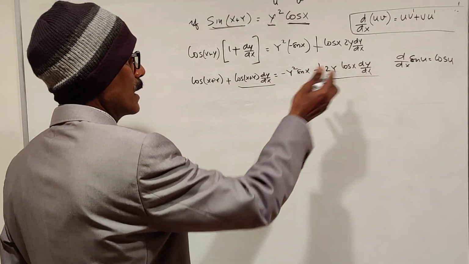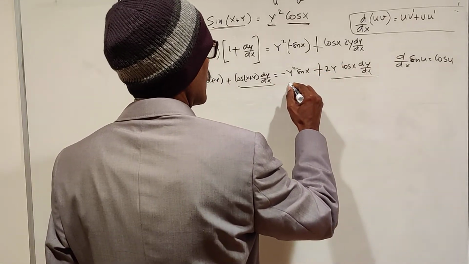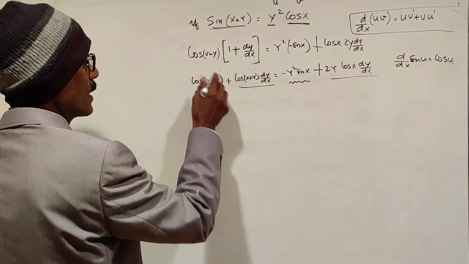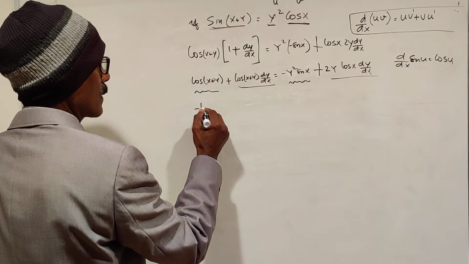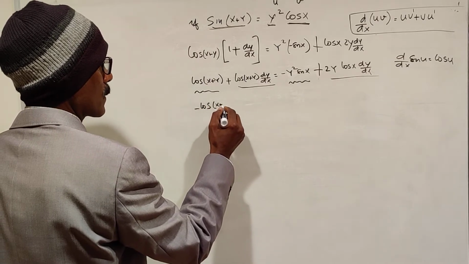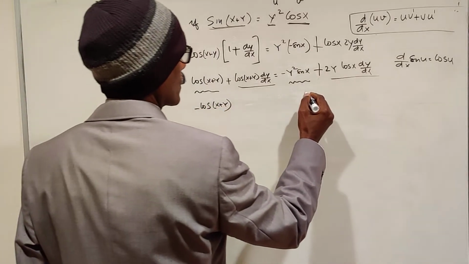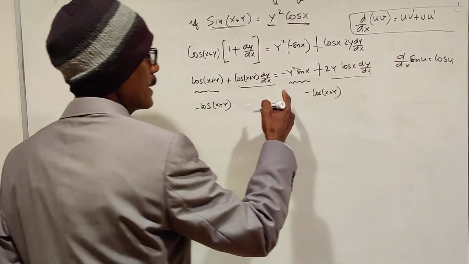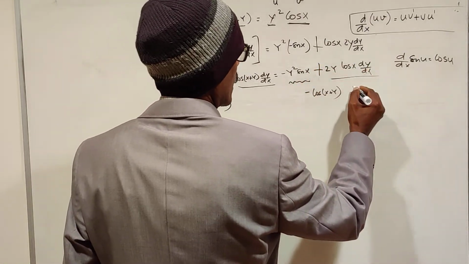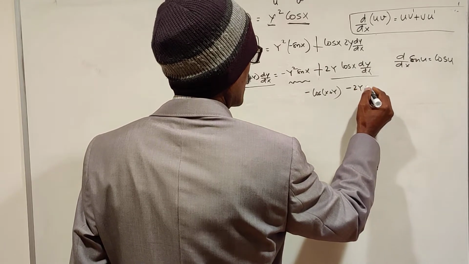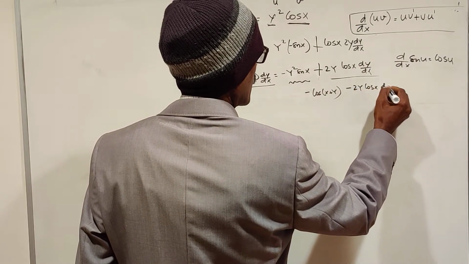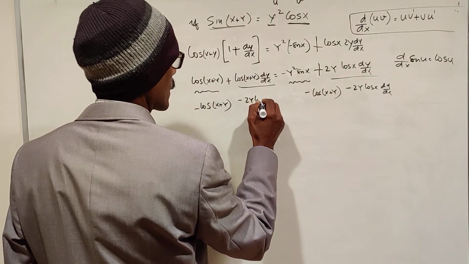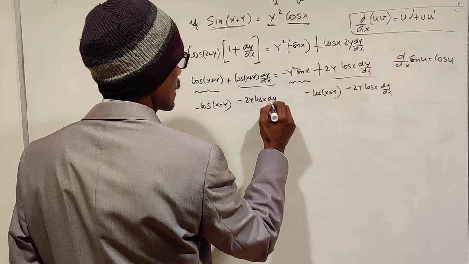So adding minus cos(x + y) on both sides, and minus 2y cos x dy by dx on both sides.